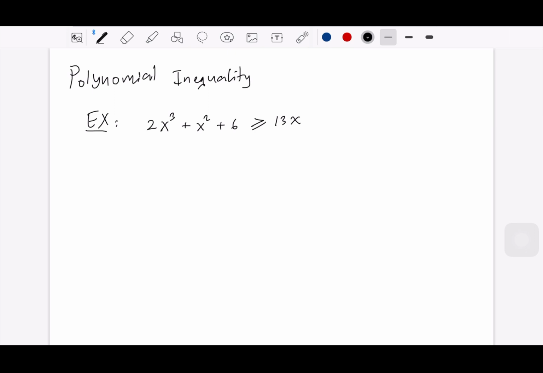Okay, we can also use that as well. So first we rewrite this form. Okay, and then we need to try to factor this out, or use synthetic division.